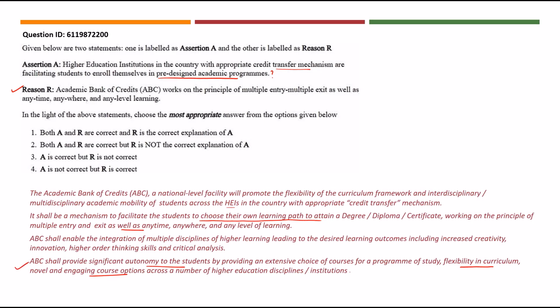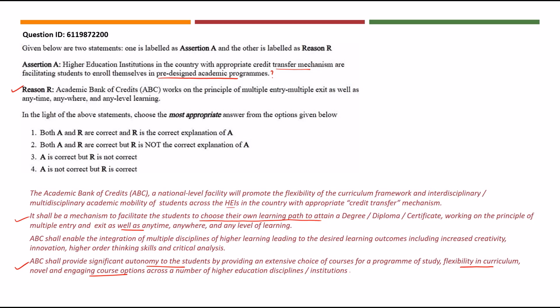This particular paragraph and this particular paragraph states that higher education institutions in the country with credit transfer mechanism are facilitating students to enroll themselves in any academic programs, and it is not restricted to pre-designed academic programs.